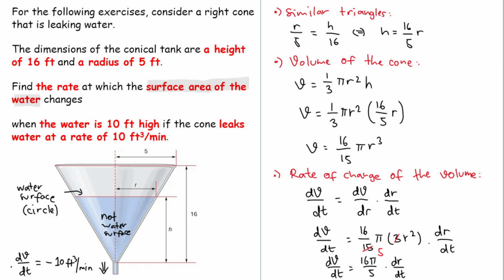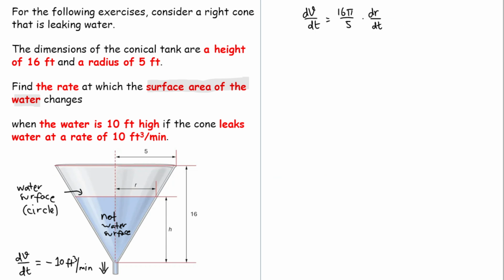Okay, let's clean this up first. Okay, now let's isolate for dr/dt. So we have dr/dt here equal to, I think, 5 over 16 pi multiplied by dV/dt. Okay, let's leave it as is here.